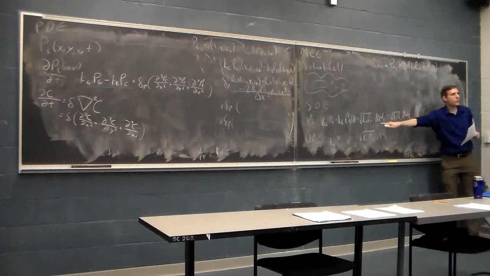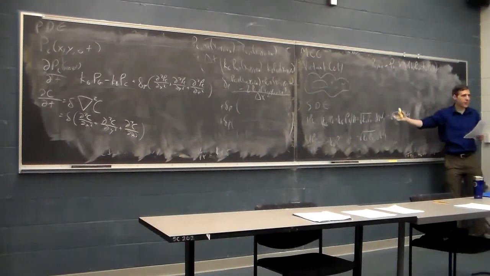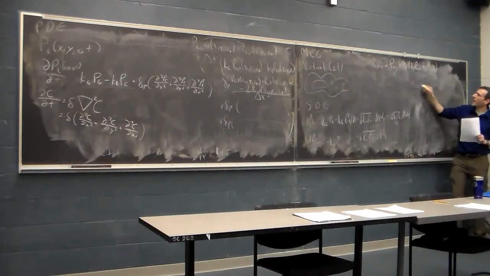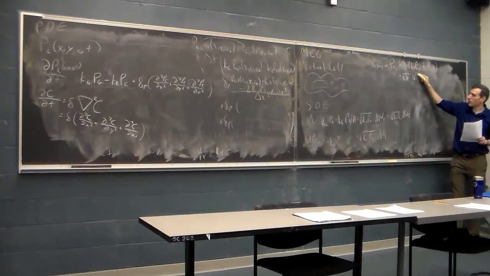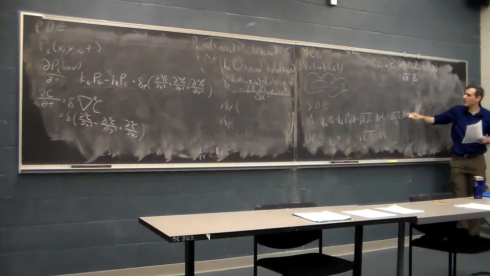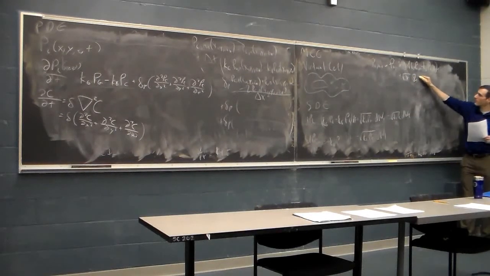And then each of the noise terms, we would have to have a random variable describing that. And those would always have the form of square root of delta t times a normal 0, 1 random variable. And I'll just call that z1 here. And then we would also have the scaling factor here, square root of k6 pg.